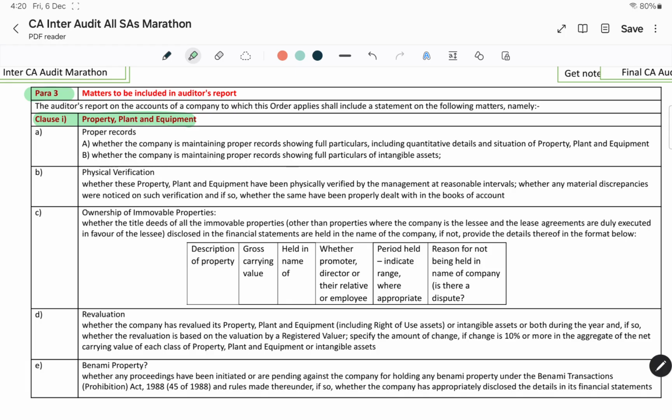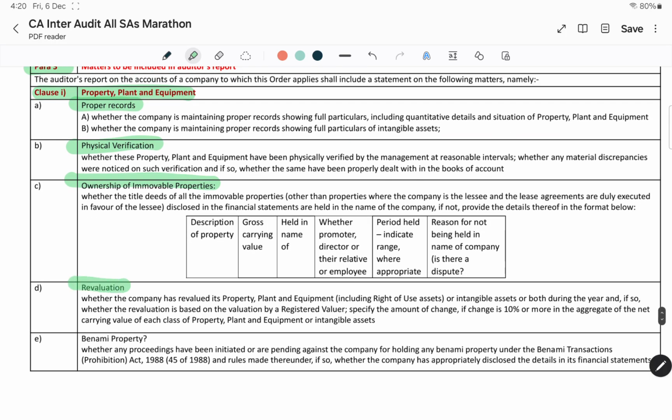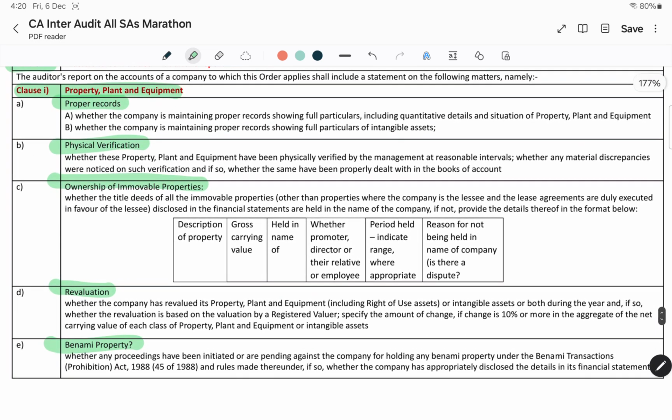In that: proper records, physical verification, ownership of the immovable properties, revaluation and Benami property. These 5 things need to be checked.